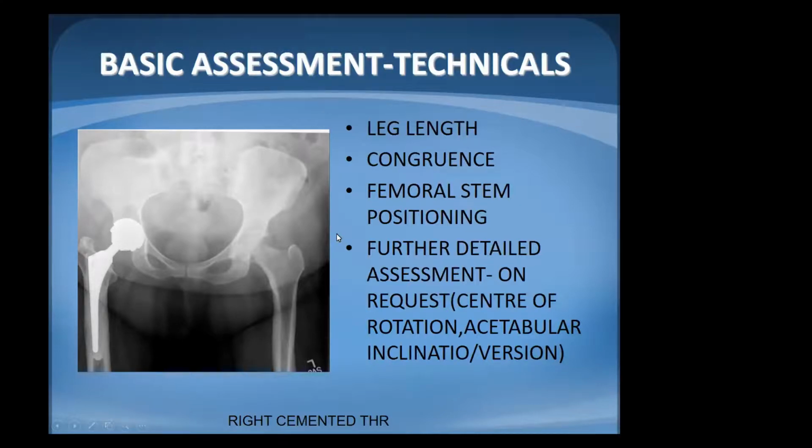As for the further details we discussed, the version, the acetabular retroversion, the prosthetic stem alignment, the vertical and horizontal center of rotation, the acetabular cup version and so on, keep them in reserve only if the orthopedic surgeon asks you to do this measurement. They are complex, and on a plain film radiograph that you report in a normal reporting session, those will be difficult to incorporate in your practice.